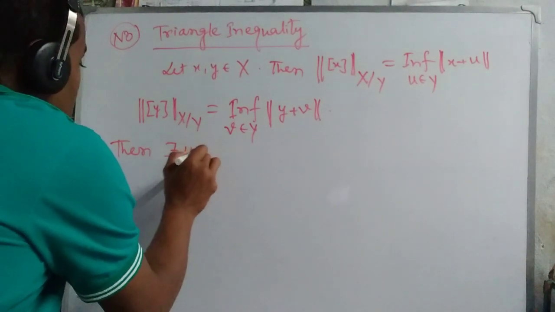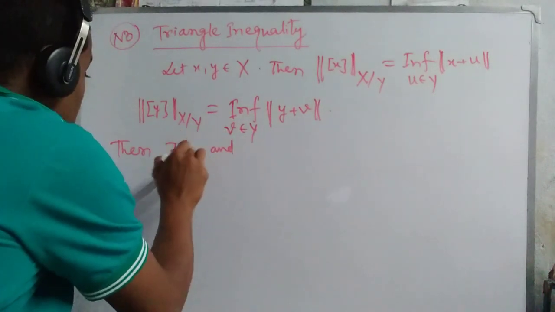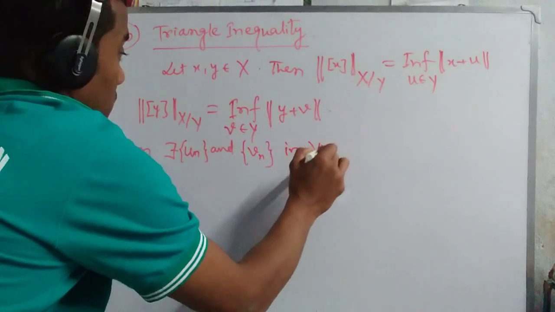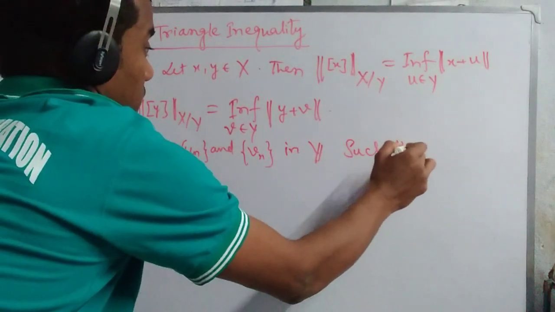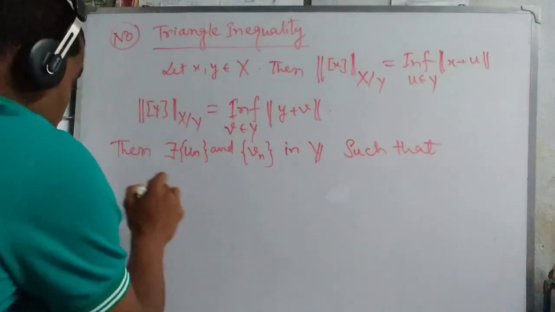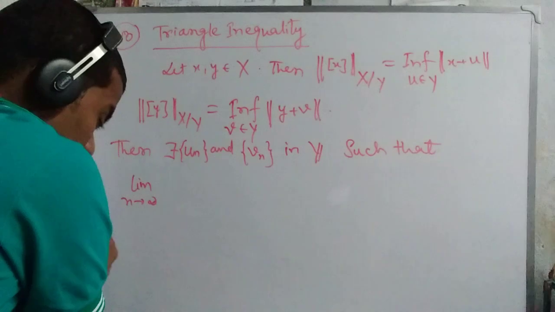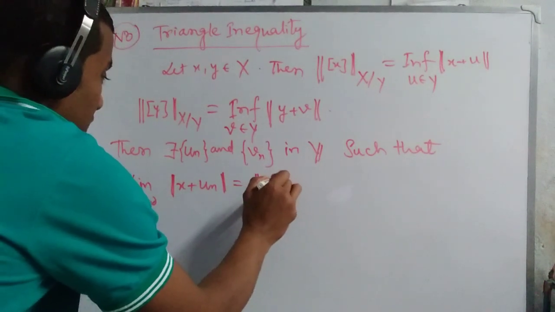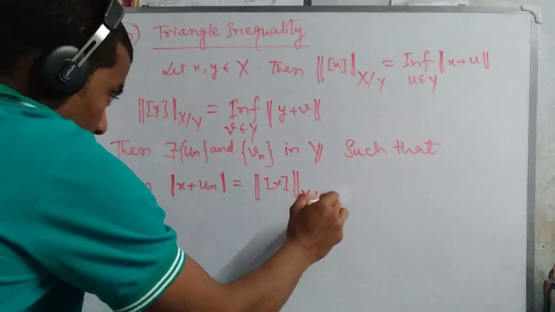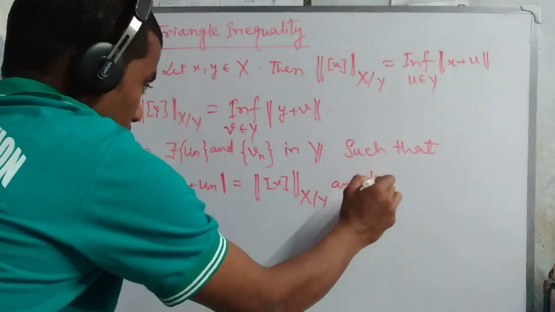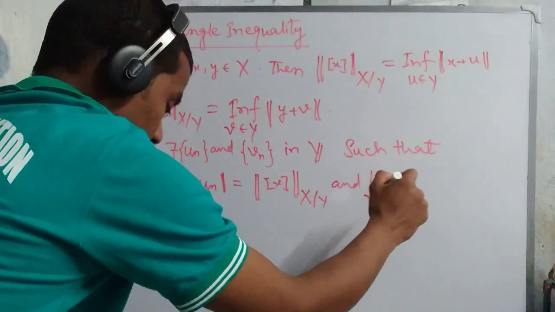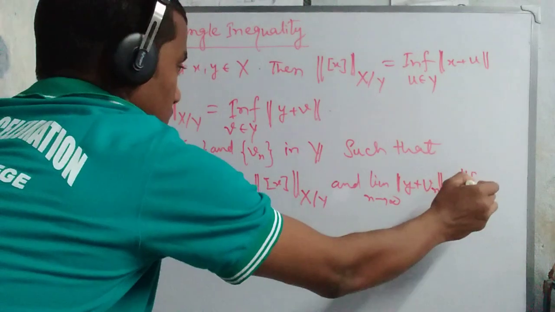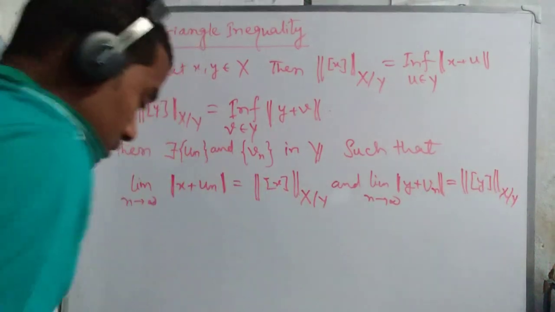Then there exists un and vn in y such that limit n tending to infinity norm of x plus un equal to norm of x quotient y and limit n tending to infinity norm of y plus vn equal to norm of y quotient y.